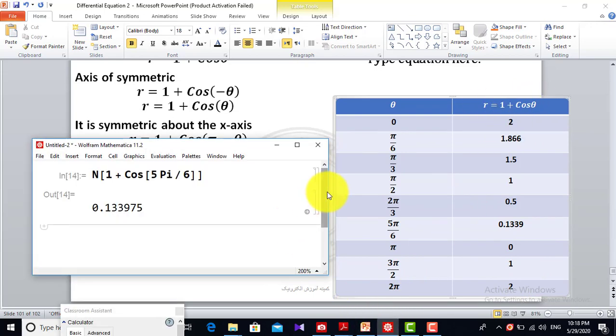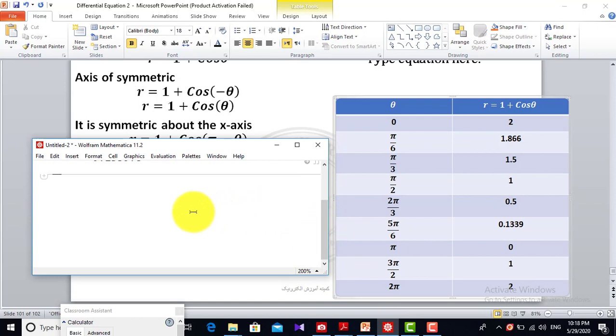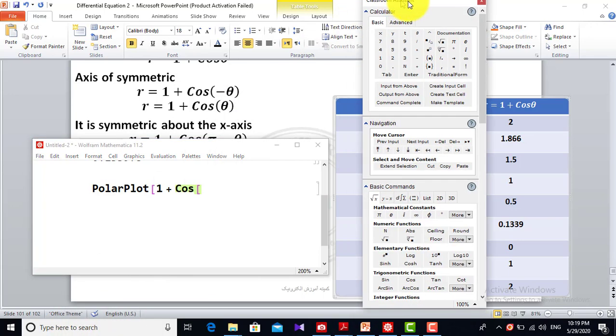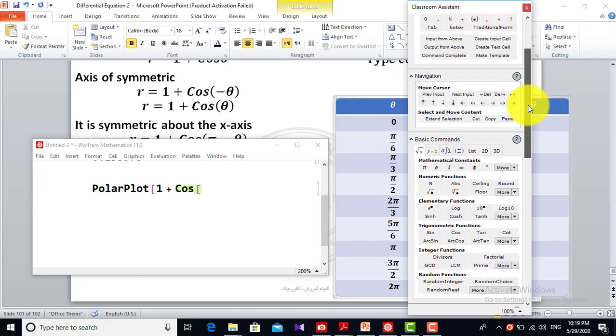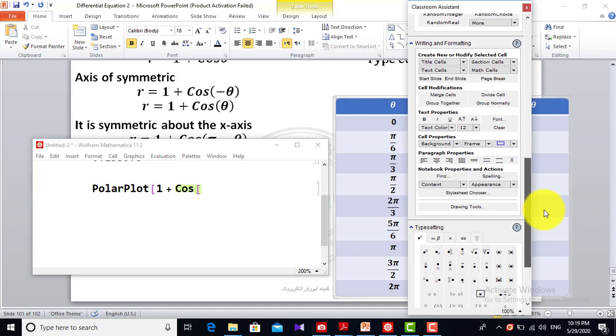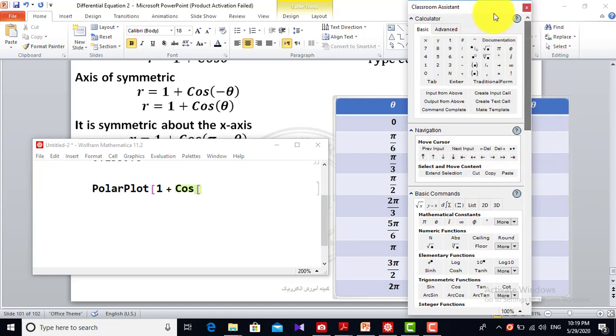So here I will plot the graph. First I will type the equation cos of theta. Either I can give theta or t, no problem, I will choose theta.